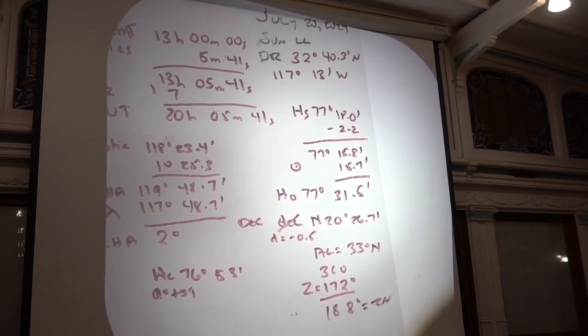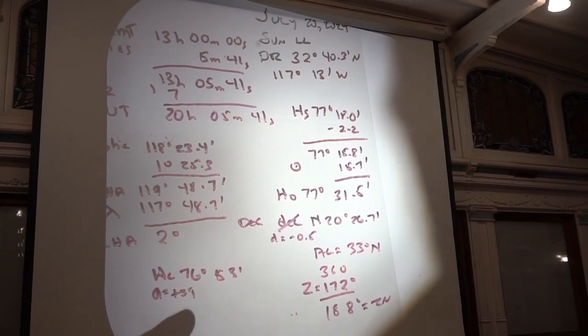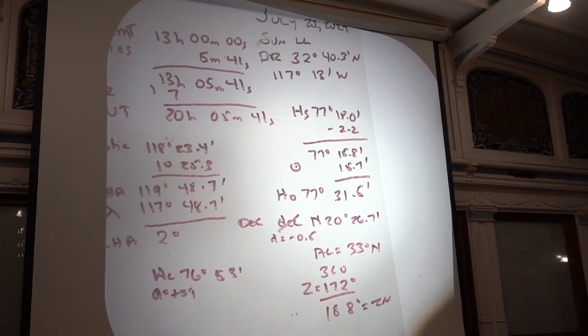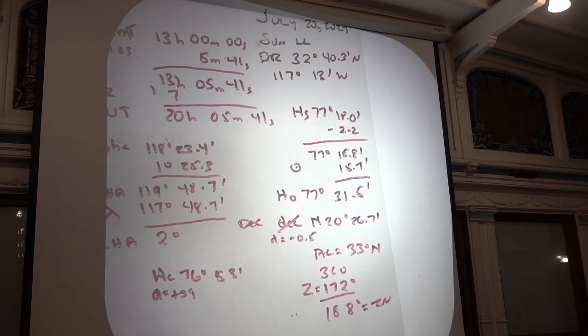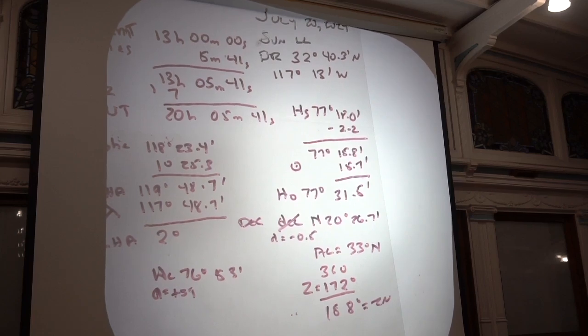Each increase of a degree in declination is increasing by 59 minutes, so almost a whole degree per degree. So we have 26.7, call it 27, and we cross-index that with 59. It doesn't matter whether you go across the top or across the bottom.